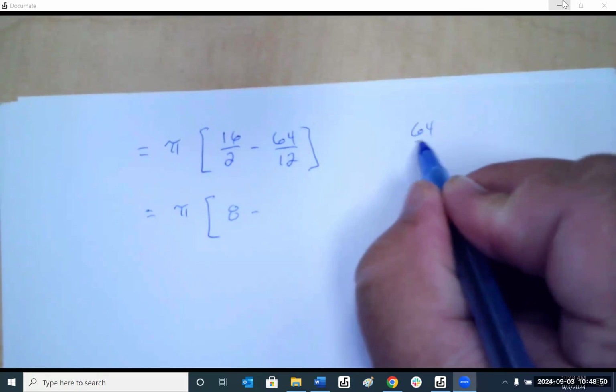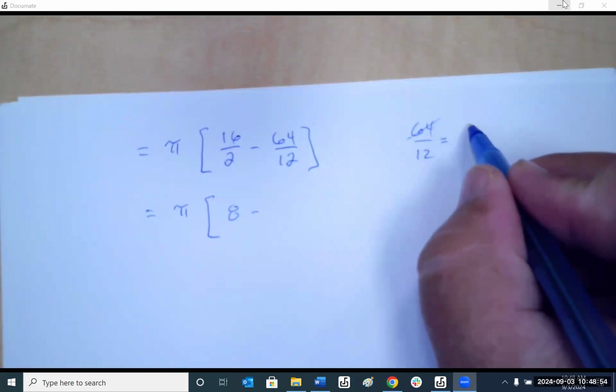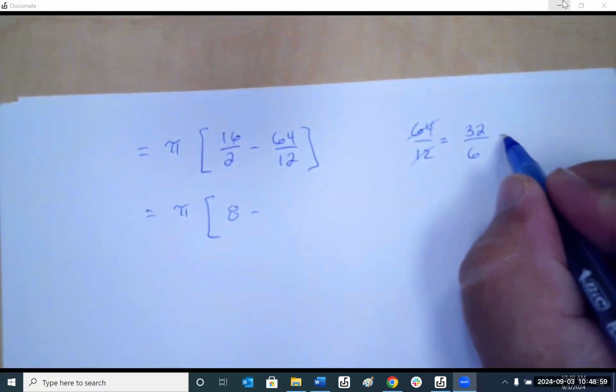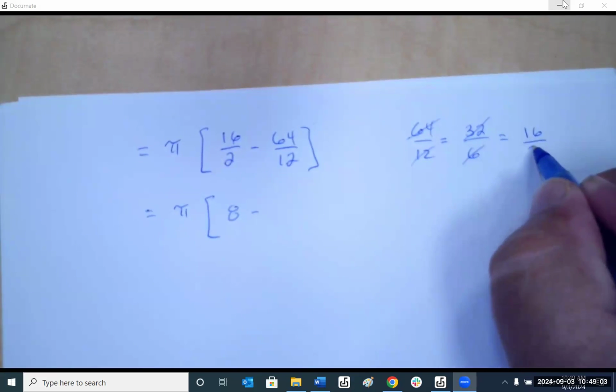So 64 over 12: 2 goes into there 32 times, 2 goes in there 6. 2 goes in there 16 times, 2 goes in there 3.